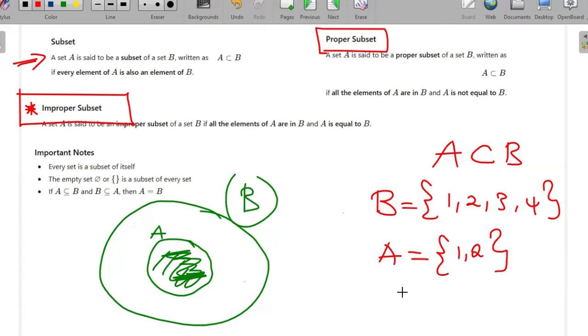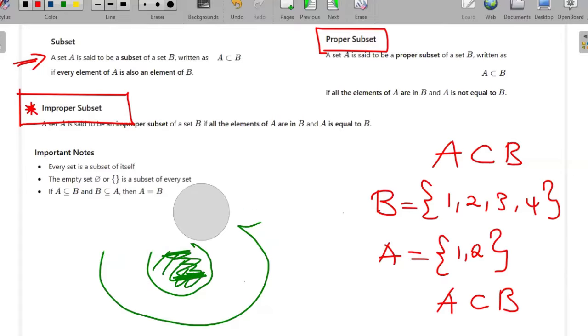So we see that all the elements in A are in B, because A contains 1, 2, and I can see the 1, 2 in B. So we're going to say A is a proper subset of B, because everything in A is in B, but A is not equal to B. It has fewer members. So this is when the subset is called the proper subset.